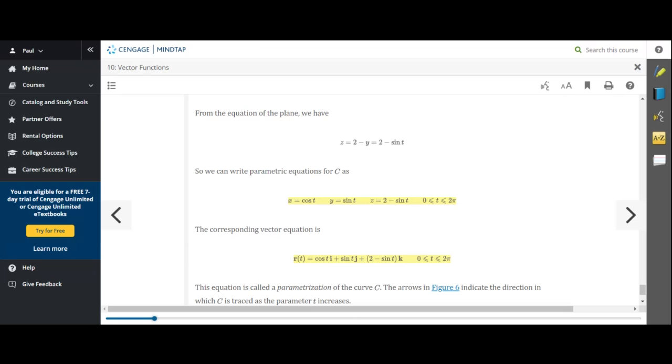So we learned how to do that. Okay, so let me bring this up here.